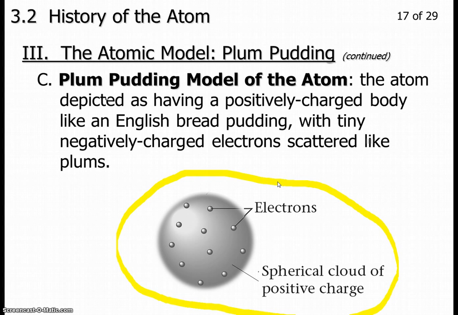And he imagined that the atom is more like a sort of cloud of positive charge, much like the bread in the pudding. And there are tiny negatively charged electrons scattered randomly throughout the entire cloud, much like blueberries in a blueberry muffin. And they are what make up the negative charge, and this would account for there being the dual charges, the positive and negative charge, and the fact that the atom is not solid and it must have different pieces in it. So again, this is what's known as the plum pudding model of the atom.